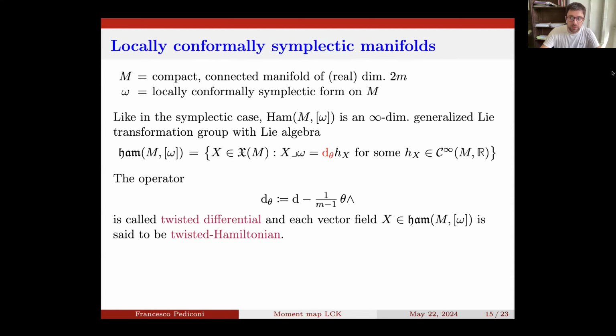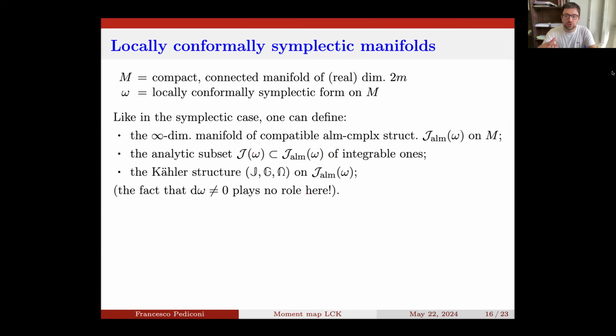Actually, even better, it turned out that in the same way as Donaldson and Fujiki did in the symplectic case, you can construct the space of compatible almost complex structures on M. And the definition is precisely the same.